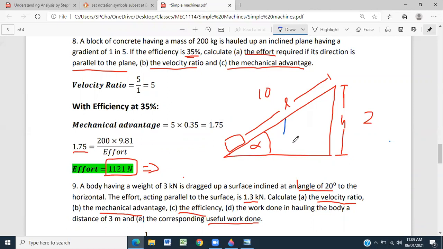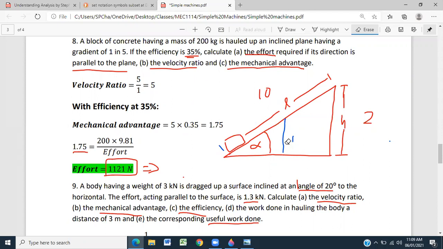So this here would be a 1, and this short distance here would be a 5, and then this here would be another 5, and then 1 and 1, and you would go up. So you build upon it. And the gradient being the same, 10 divided by 2 is still 5. So the gradient tells us what the velocity ratio, or the movement ratio, is.